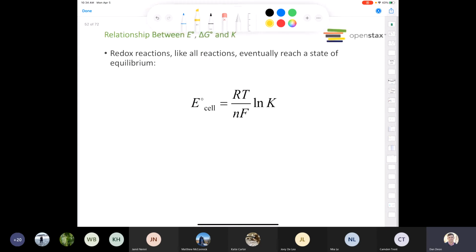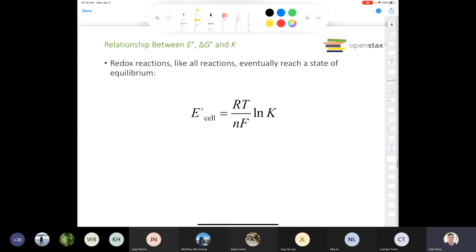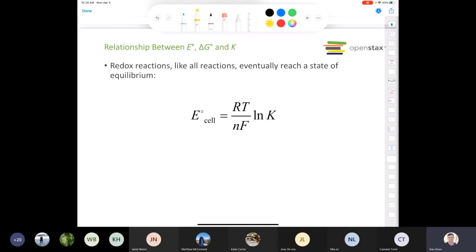Well, what happens in a redox reaction, just like when we took reactions and we examined them from the point of view of standard free energy changes or the equilibrium constant, is that reactions are going to reach a state of equilibrium. And you're going to see this equation come up a lot in this class, that the standard cell potential is equal to R, the gas constant, multiplied by temperature, divided by the number of electrons transferred multiplied by Faraday's constant.